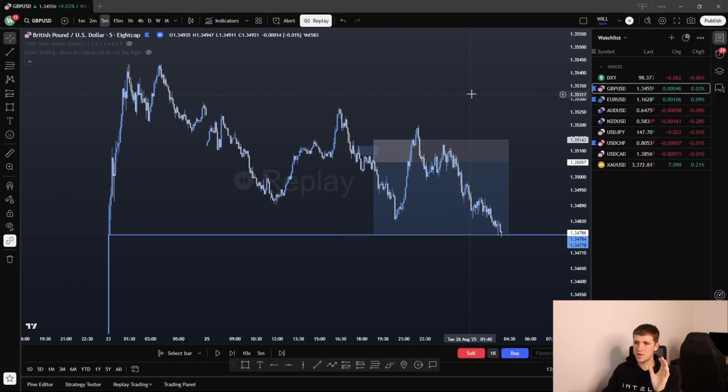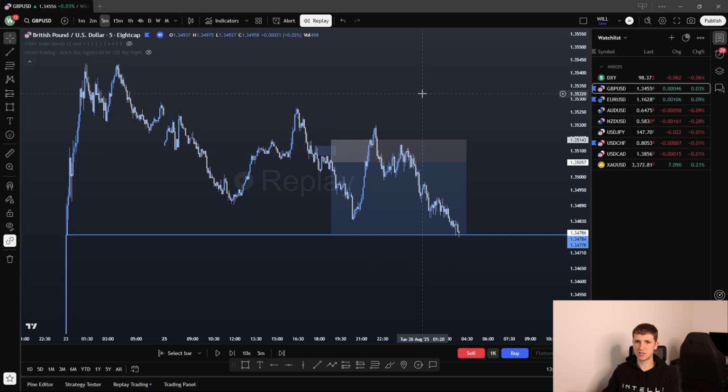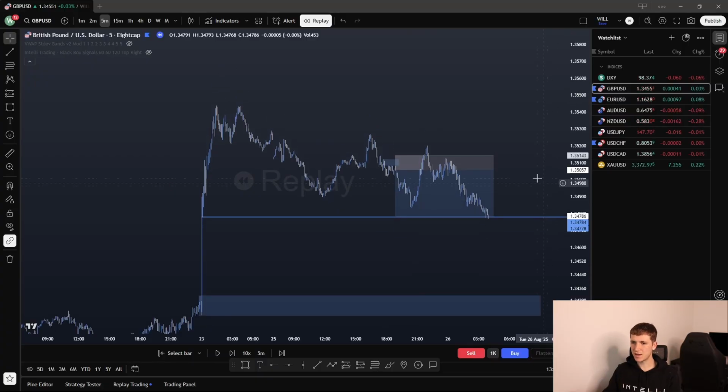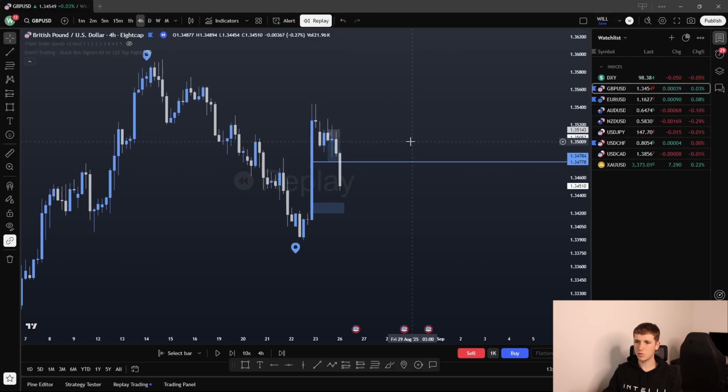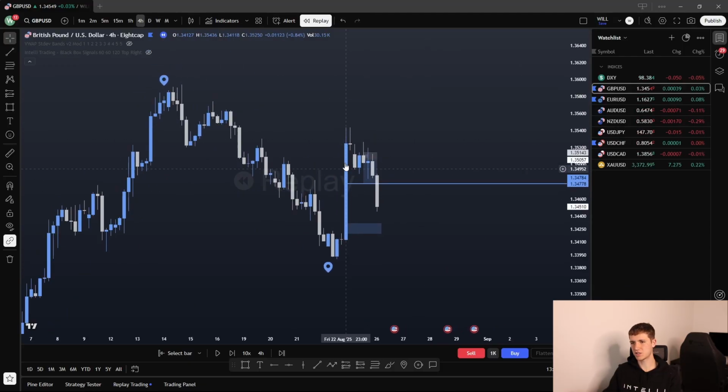So obviously the bias is the United States dollar stronger than the Great British Pound, and we're looking at shorts on GBPUSD. And you may be thinking, Will, if I go back to maybe the daily time frame, why are you looking for sells when price action just had this huge rally to the upside, right? And this is yesterday, the 25th, this trade.